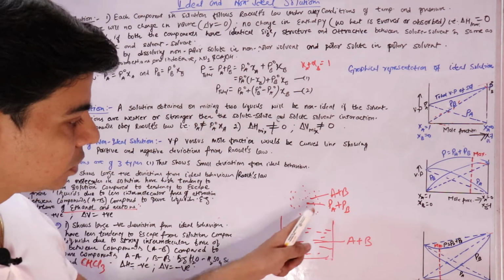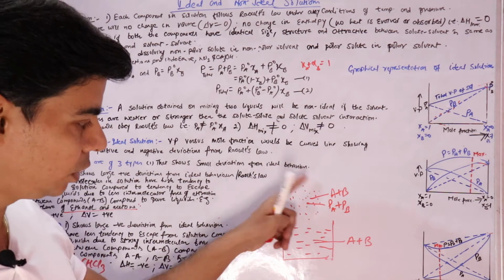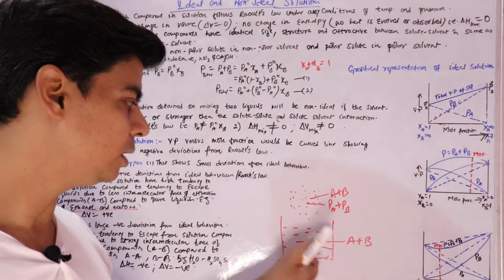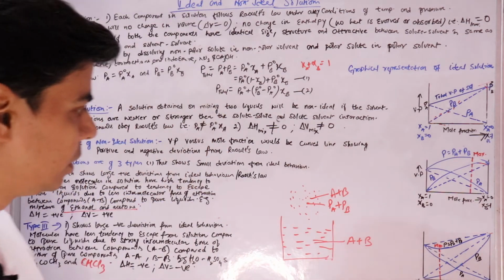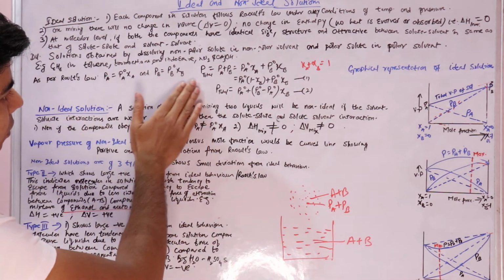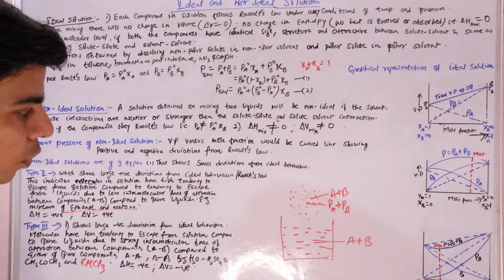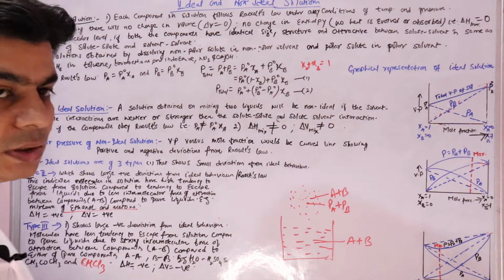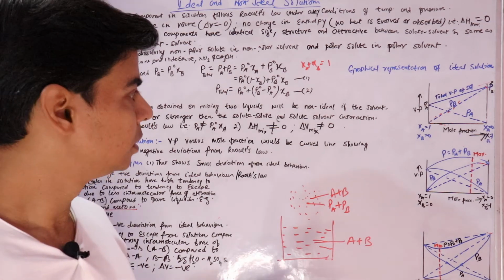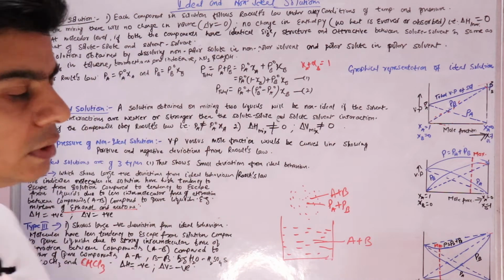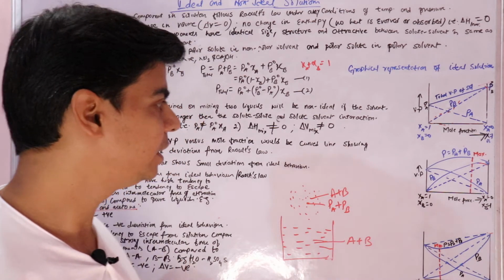More is A, so more vapors would form from A. More is B, so more vapors would consist of liquid B in vapor state. So these are solutions that follow this law, and we say solutions that comply with these Raoult's law equations are ideal solutions.